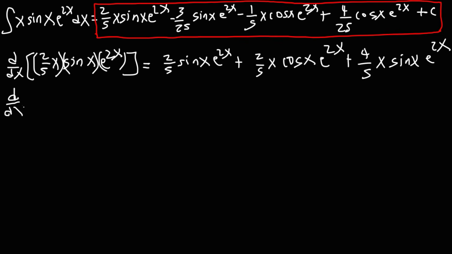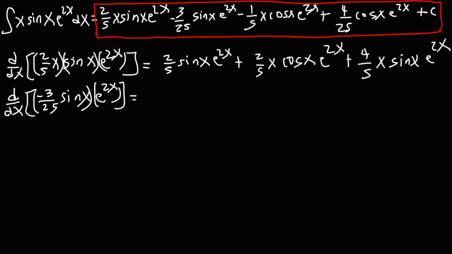Now let's take the derivative of the next term, that is of negative 3 over 25 sine x e to the 2x. So we need to use the product rule again, but for a two product term expression. Let's say this is u, this is v.